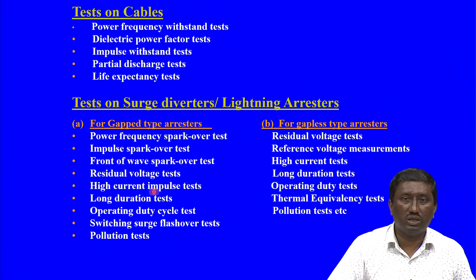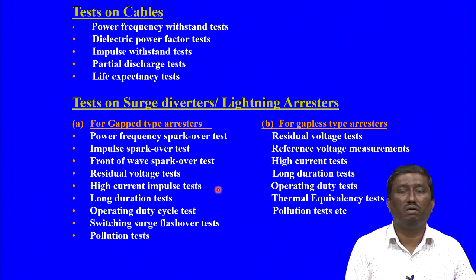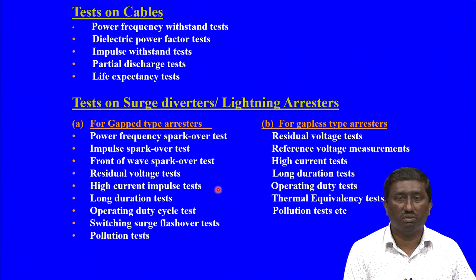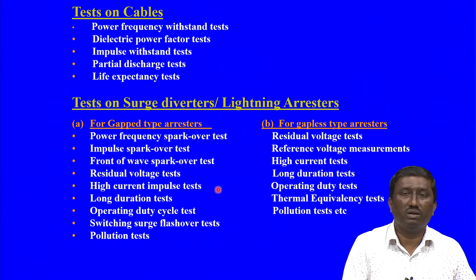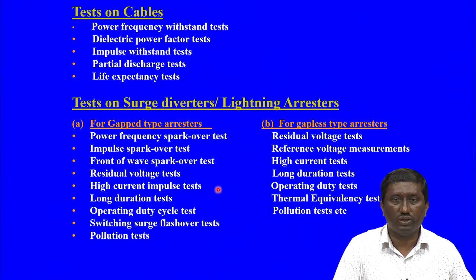Then residual voltage is nothing but, when lightning strikes the system, the surge arresters become active and try to see that the voltages are diverted to the ground.